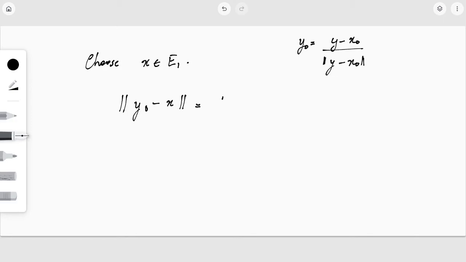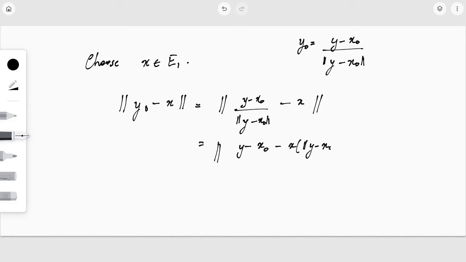Replacing y dot, this is the norm of (y minus x dot minus x times the norm of y minus x dot), whole divided by the norm of y minus x dot.